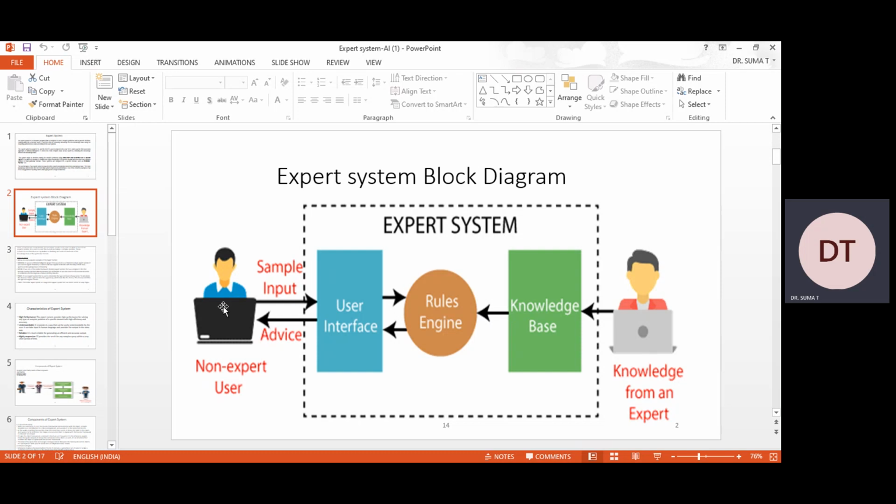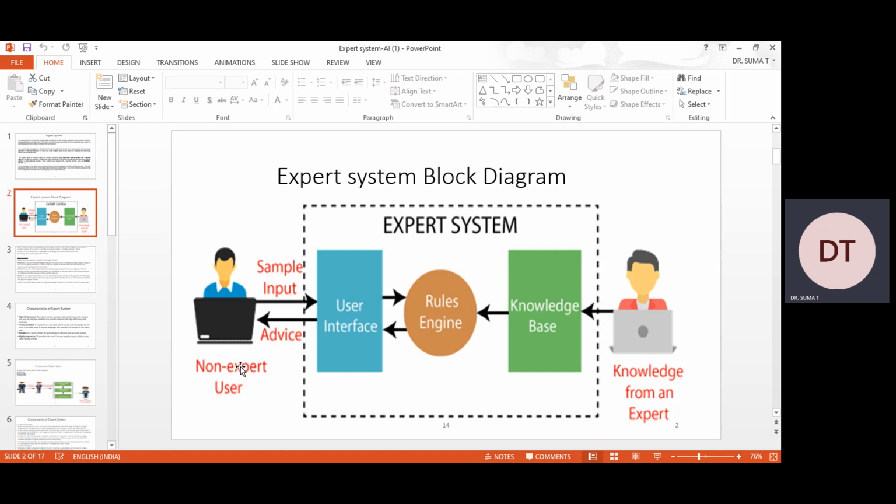That expert in that particular domain is going to design the domain knowledge, and that knowledge-based information is going to be shared with the non-expert user.